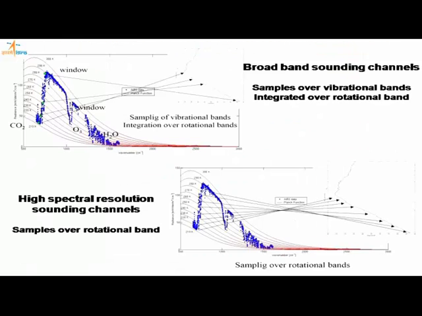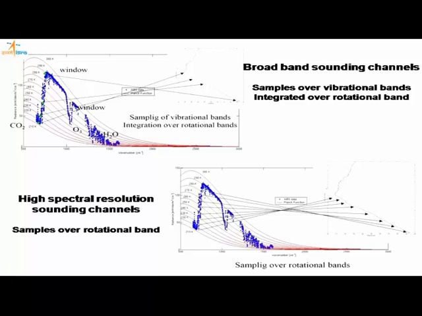Now, how does it translate into sounding of atmospheric parameters? If we make observations from multispectral sounders, where we are only sampling the vibrational bands, suppose we make observations at this band, this band, this point, this point, so there are 4 or 5 measurements at different parts of this vibrational band.